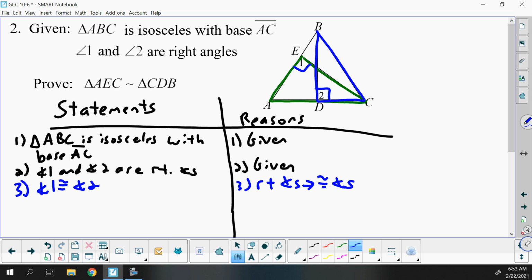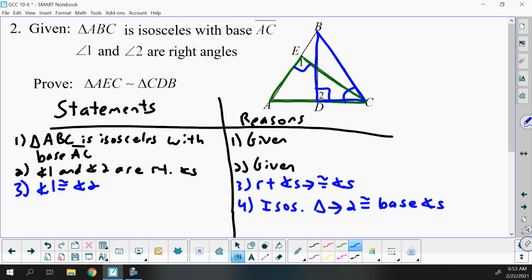Well, the other given we have is an isosceles triangle. Isosceles triangle can imply two congruent sides or two congruent base angles. The one that will help us here is our two congruent base angles. So we need the whole big angles on each side of the base.